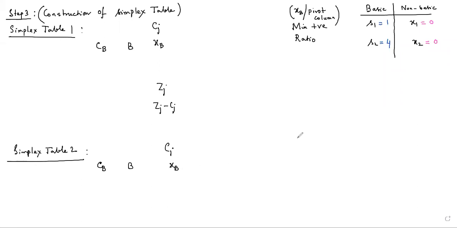Here I will write XB by pivot column. Below this, I'm going to calculate a minimum positive ratio. And in this column, I'm going to calculate Zj and Zj minus Cj. If you ask me, this is the format.